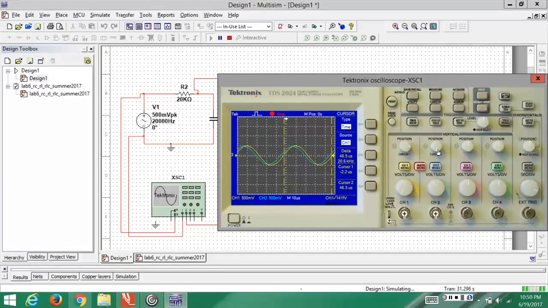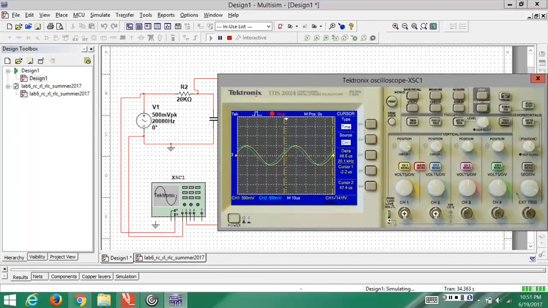Basically, we are not working on channel 2, but we are using both vertical positioning knobs to move both cursors. I think it ended here. As you can see, the second cursor moved a little bit towards the right, and the reading for cursor 2 says 47.4 microseconds. So cursor 1 is placed at -2.2 microseconds, and cursor 2 is placed at 47.4 microseconds.